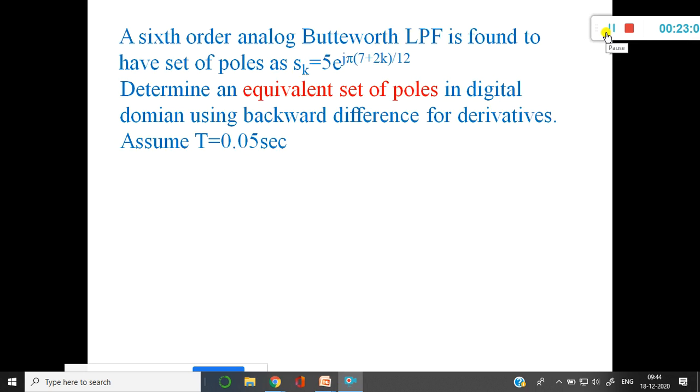This is the second example, where he's talking about a sixth order analog Butterworth filter. I want to make one point very clear. Listen carefully.